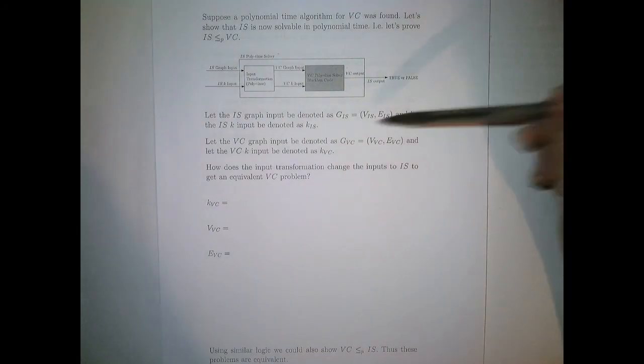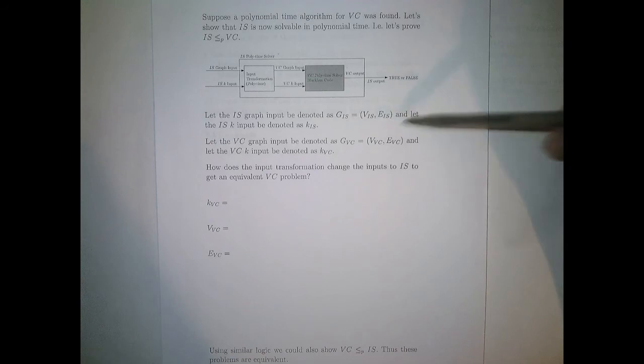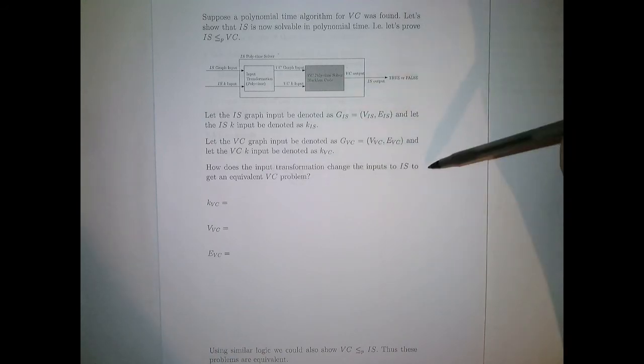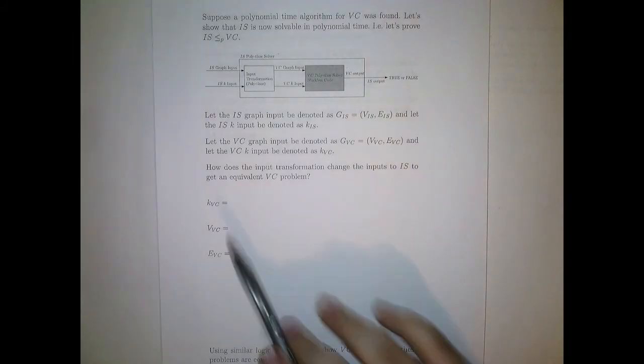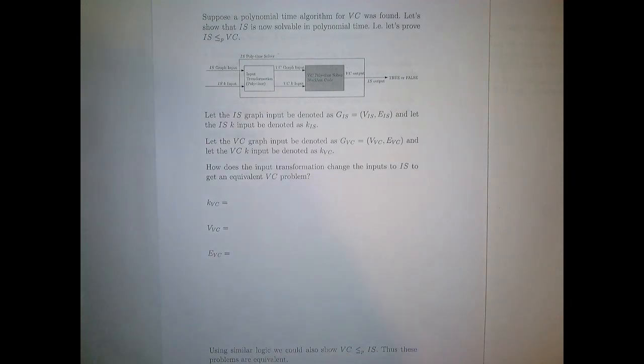So again, independent set, I'll just put a subscript IS, for vertex cover, I'll put a subscript VC. Let's think about how we change the input from an independent set to get an equivalent vertex cover problem. So how do we take the inputs to independent set and turn them into a vertex cover input? Well, looking at our previous page, did we change any vertices or edges to get to a problem about independent set?